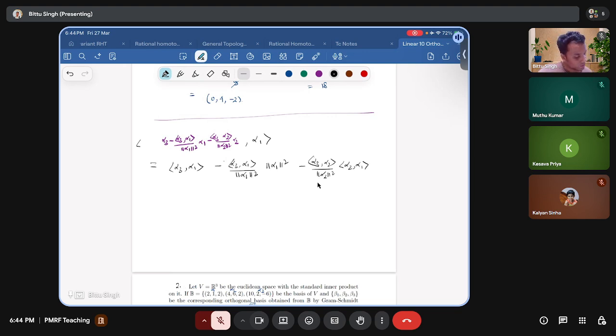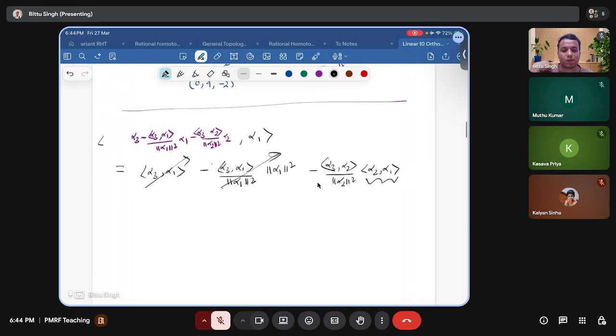So you can see that those two will get cancelled, but here that will create the issue.